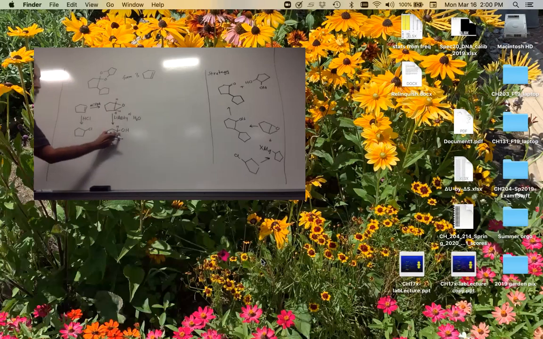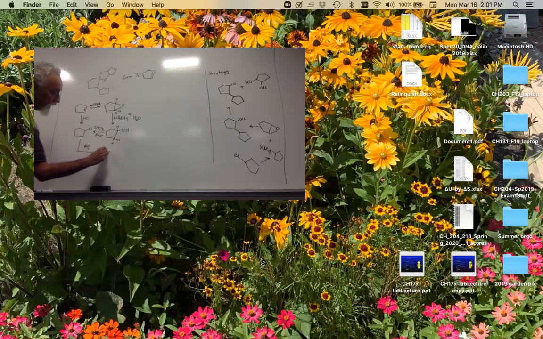And do we know how to convert an alcohol to a chloride orgo-2 style? Yeah, that would be thionyl chloride and pyridine. So we want to make this chlorocyclopentane. We have an orgo-1 way of making it and an orgo-2 way of making it. Okay, and so now we would take this guy and then react him with magnesium to make our Grignard reagent.